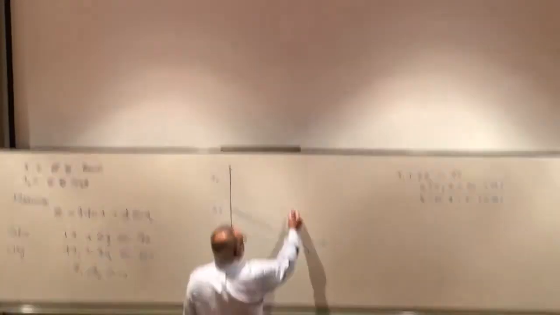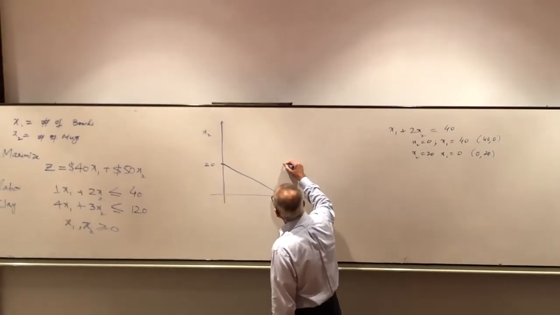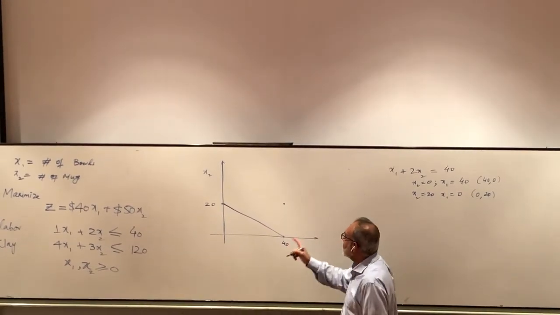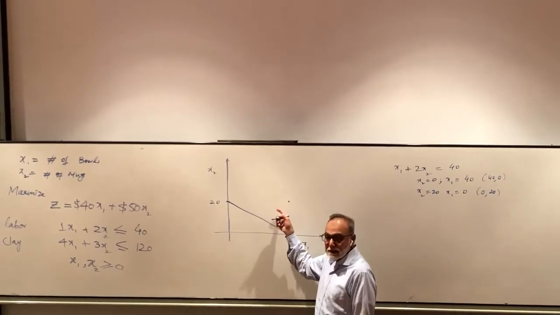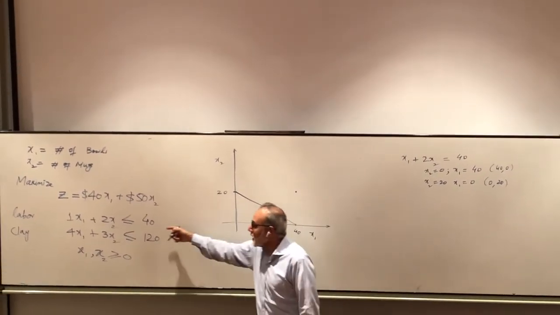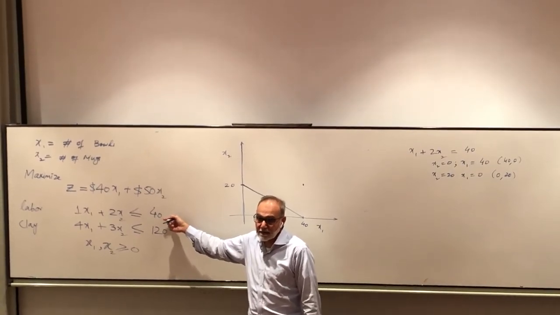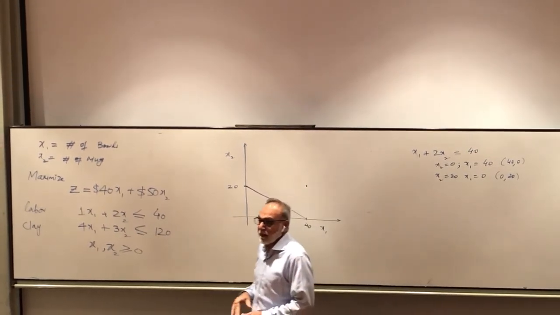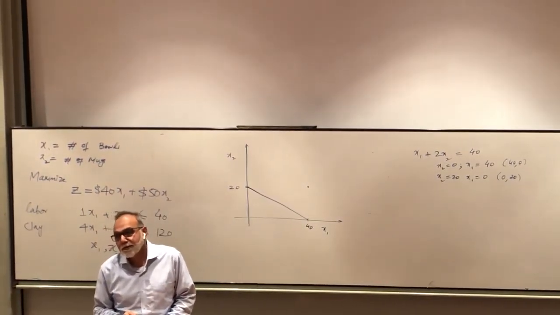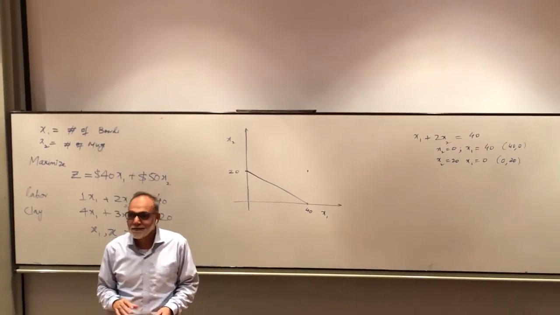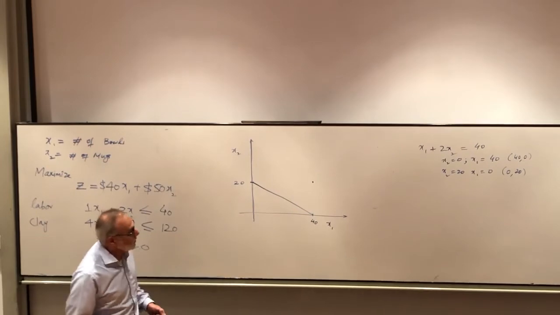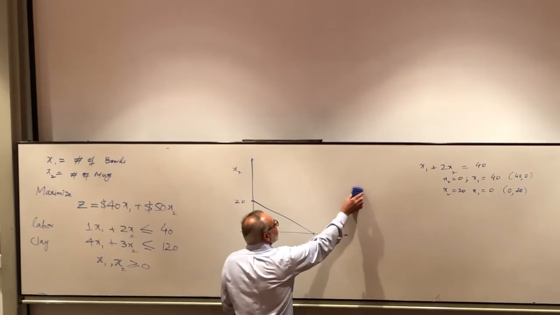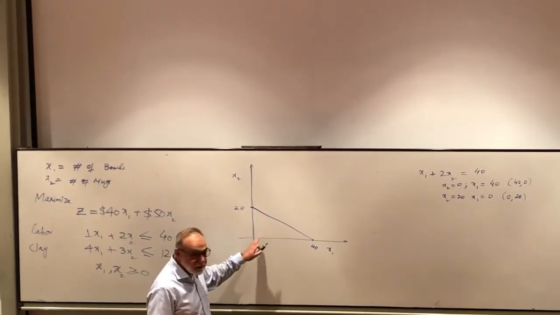So for example, if we have x1 is equal to 40 and x2 is equal to 20 here, it will be more than 40, above the right hand side, which means that it is not respecting the constraint. So the constraint is valid on this side, right?